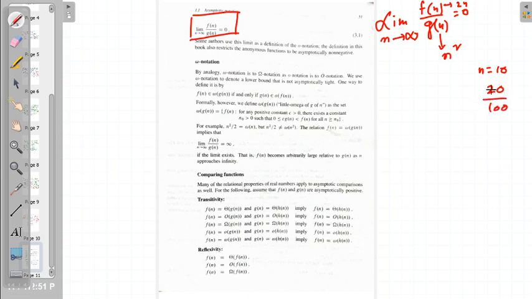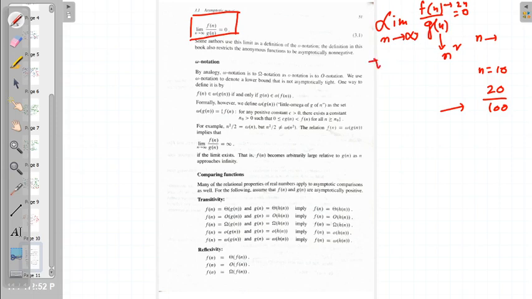So 20 by 100 we will have. As you see, whenever n gets larger and larger, f(n) by g(n) goes to 0, tending to 0. So this alternative definition is also a valid one.